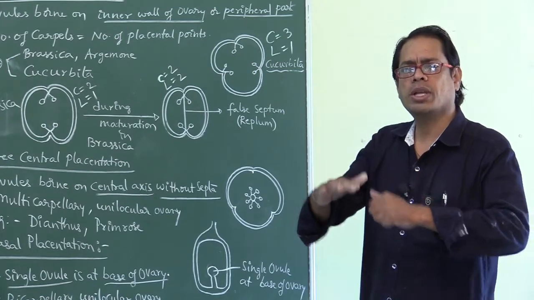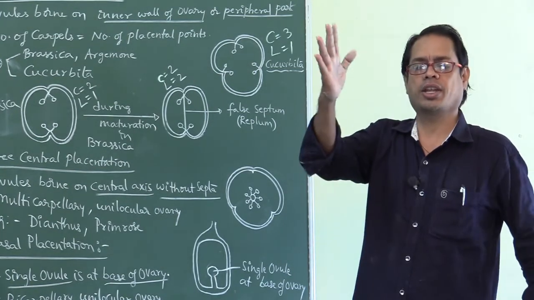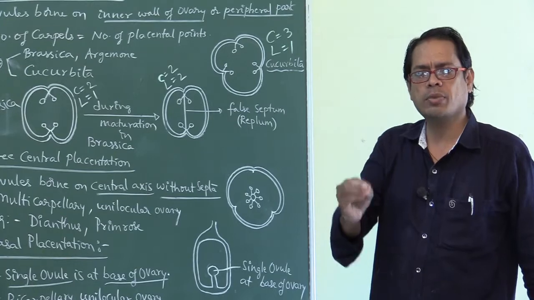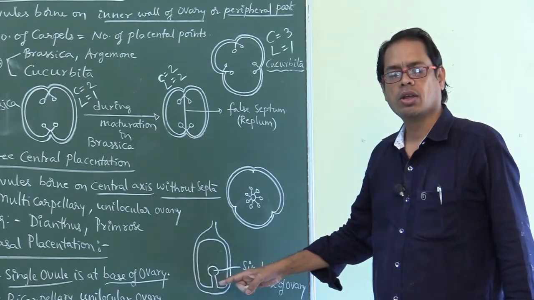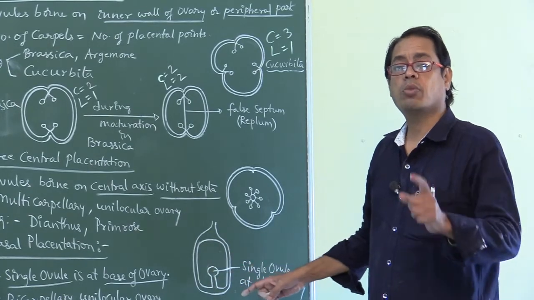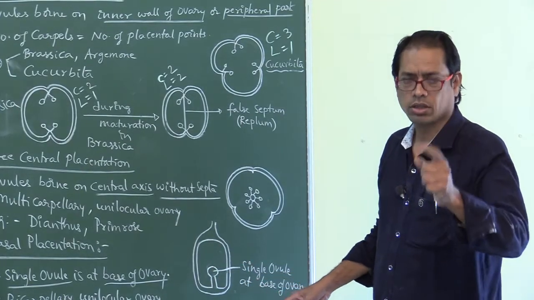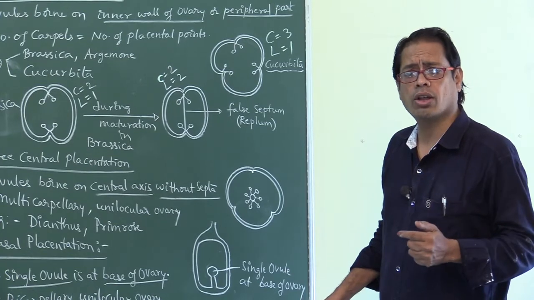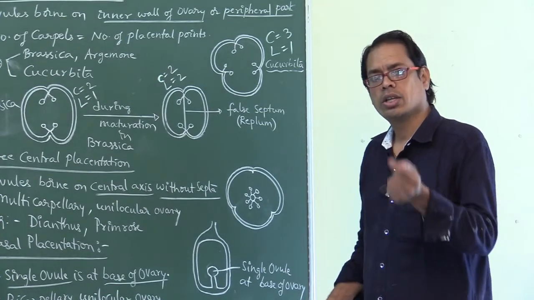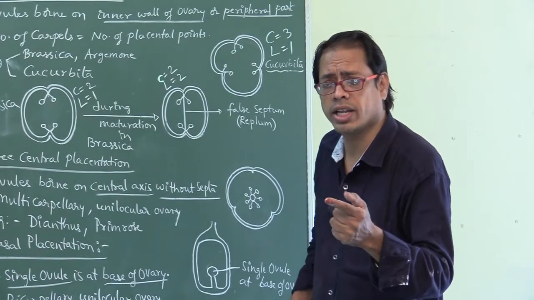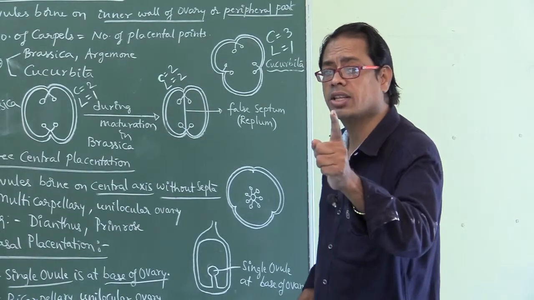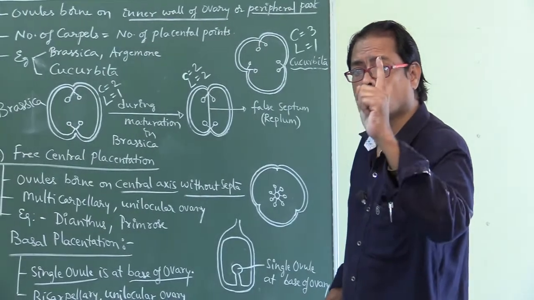Ovule number is very much reduced in which placentation? Basal placentation. One ovary contains 1 ovule. After fertilization, the ovule develops into a seed, that is a single-ovulated ovary. The ovary contains a single seed, the fruit contains one seed.